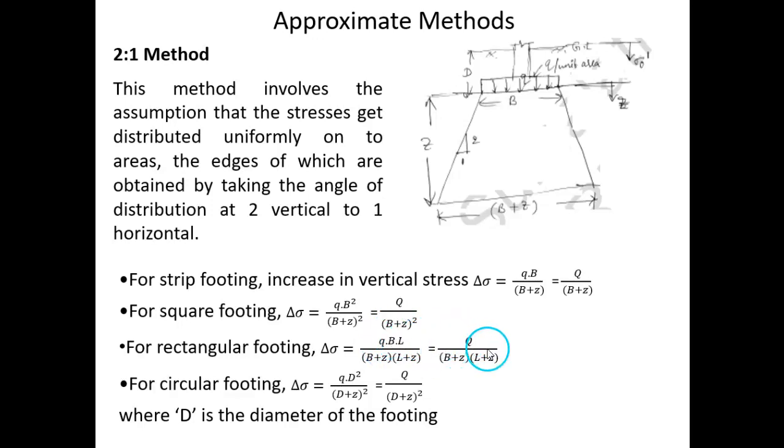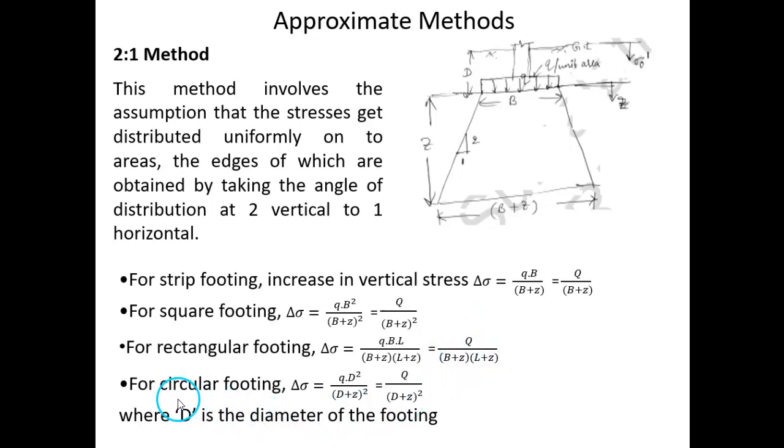That is divided by the area of soil on which the load is distributed. If you take the dimensions as B and L, then the dimensions of the soil at a depth z will be B plus z into L plus z. So this much load is acting on this much area at this depth.